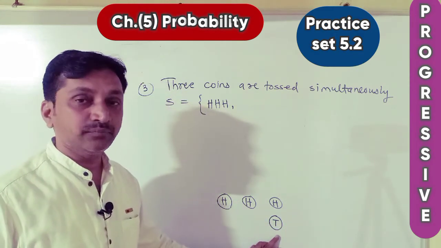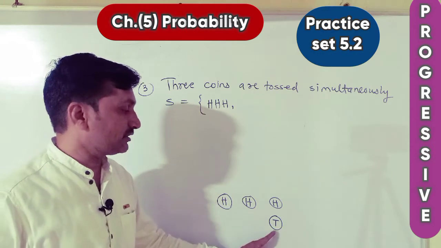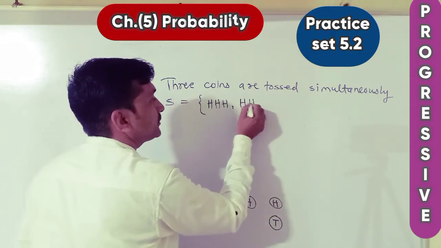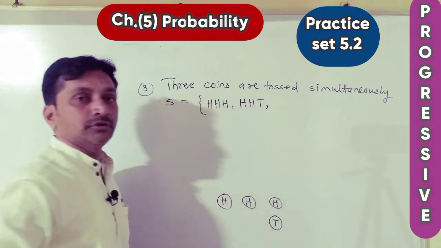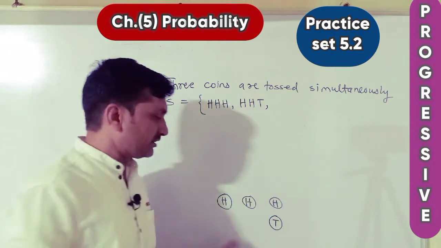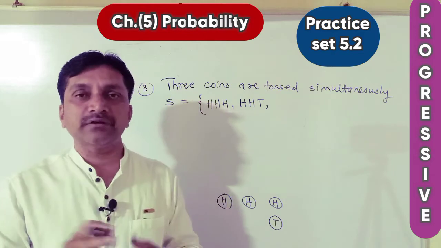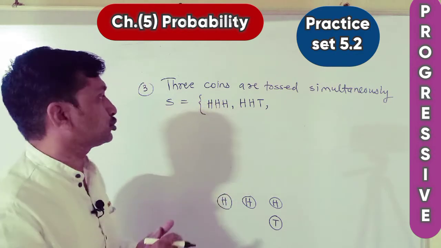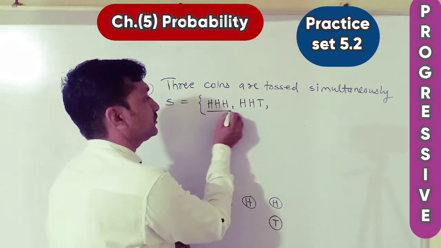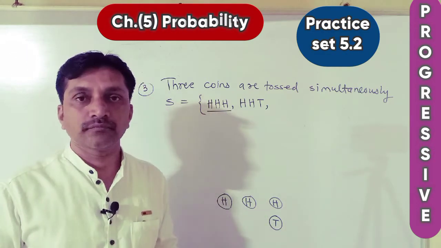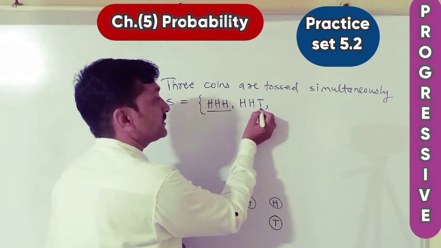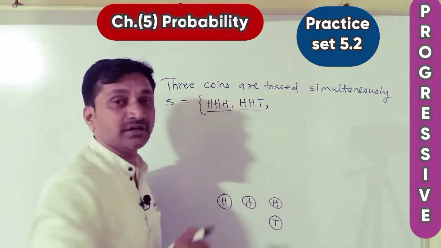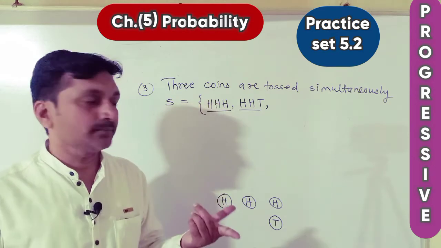If we toss a second time, here will be T, HHT. Now how to remember this? We cannot draw a figure every time. Therefore, how to memorize and write it? First you write all three heads. After that you write the last T: two heads, one tail, the third one tail.